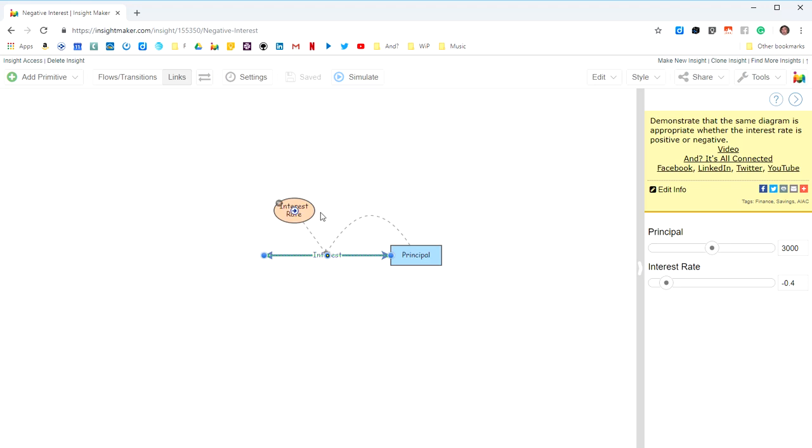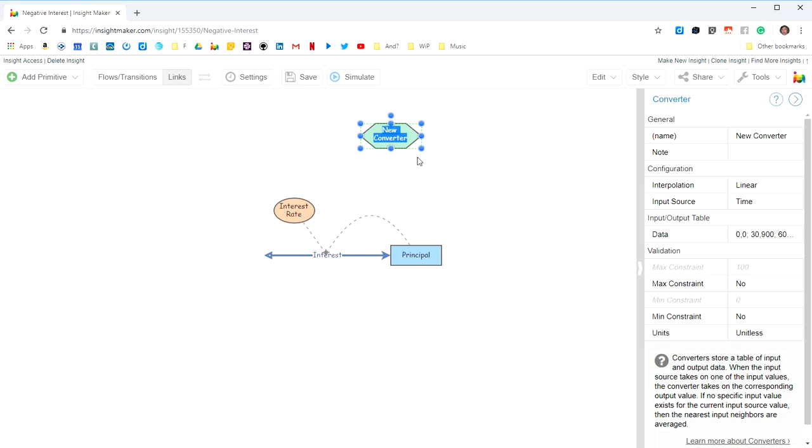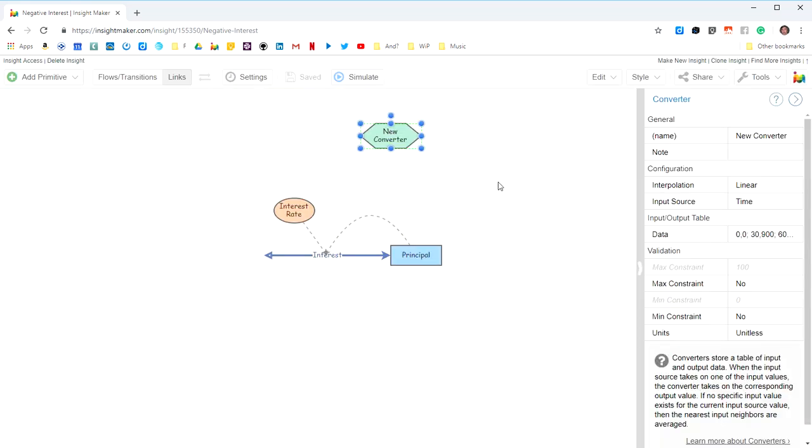And in the context of Insight Maker, instead of using a variable for interest rate, which is simply pegged to a slider, you'd go ahead and use a converter and then tell it that you wanted to define the way that interest rate changed over time so that it could increase or decrease depending upon what you thought the interest was going to be, so that you could actually build a model so that for some periods of time the interest was positive and sometimes it was negative.